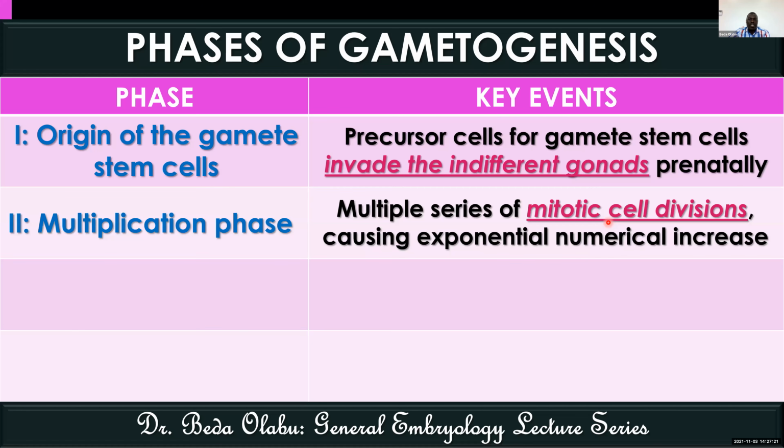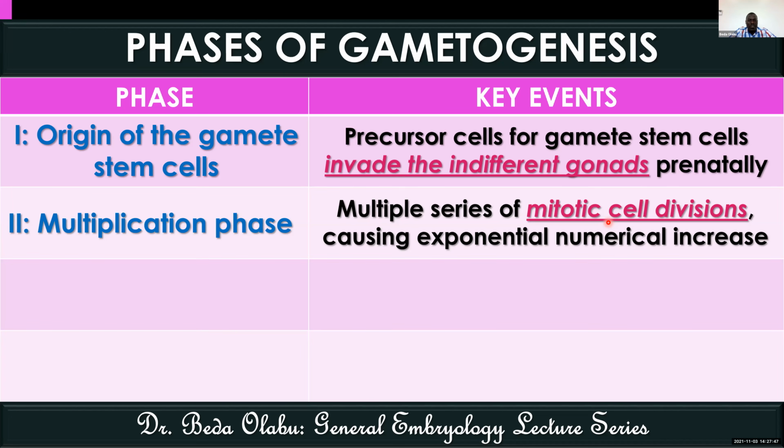Or let me put it in a simpler way, once a cell has undergone meiosis, it loses the capacity for cell division. So if you start with 100 and you assume 100% success rate, the maximum that you can get from those gametes is 400 gametes.